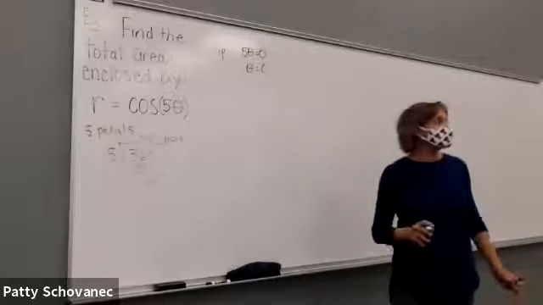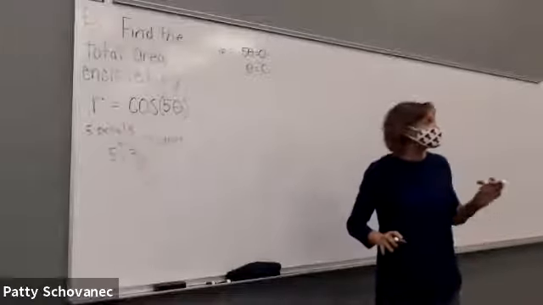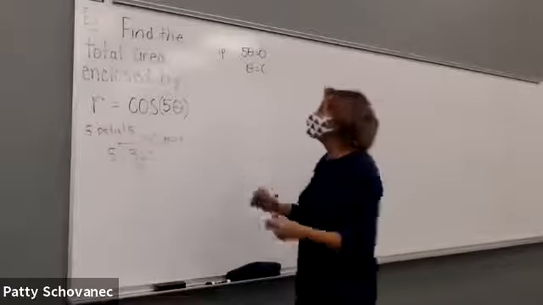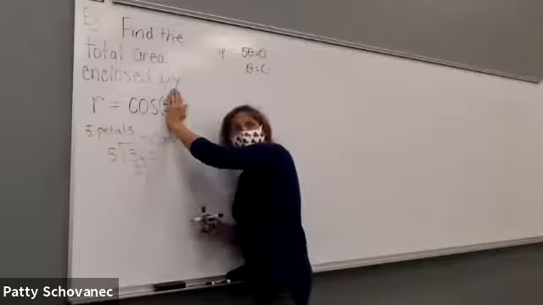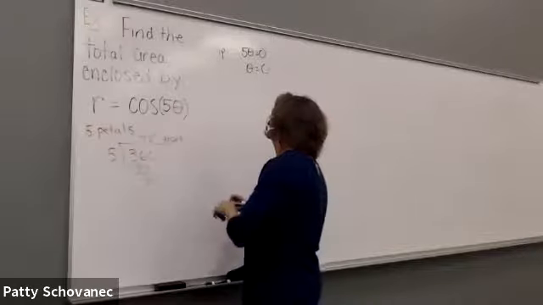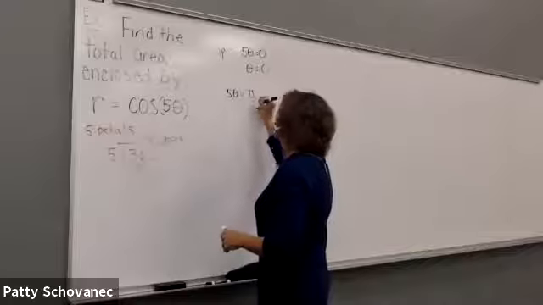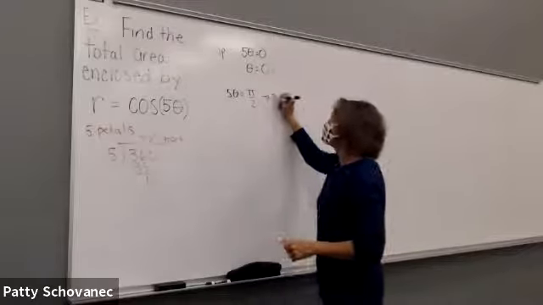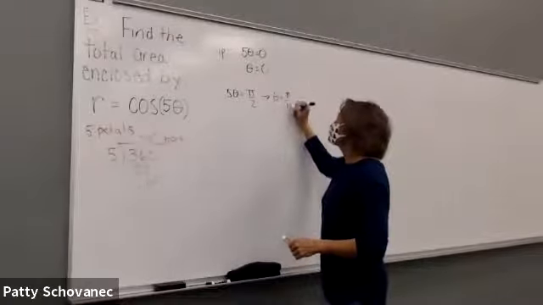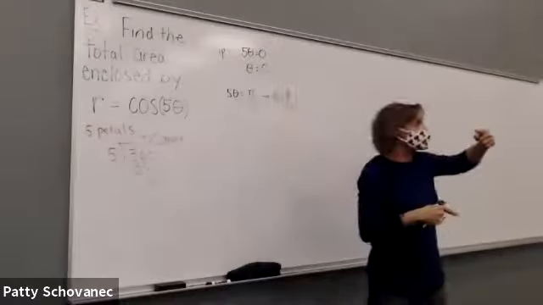Then we got to find out where it opens and closes. So I need to find consecutive angles around 0 at which this opens and closes. So that's when the stuff under my hand is pi halves, right? So that's at theta's pi over 10. And then we could just use the fact that this first tip is on the x-axis.